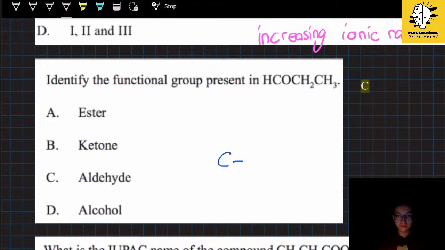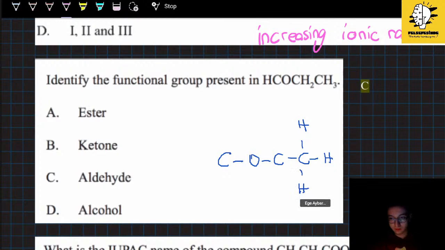Okay, let's try to write it. And when you are writing these structures, just be careful. Carbon needs to have 4 bonds. Be careful about it, and it will make your life easier when you are trying to draw the structural formula. And it says CH2, so I think we are getting it right.